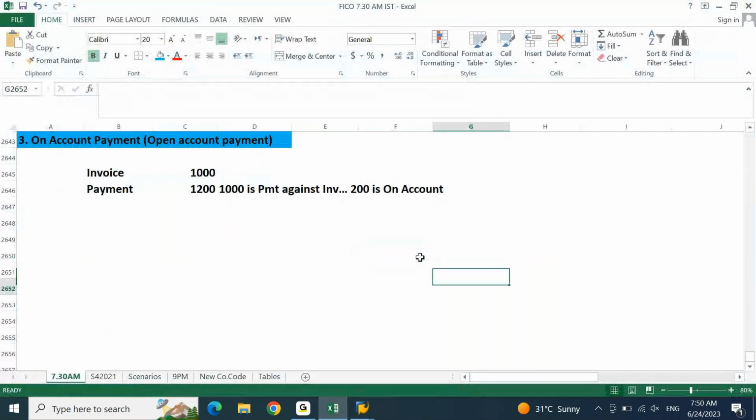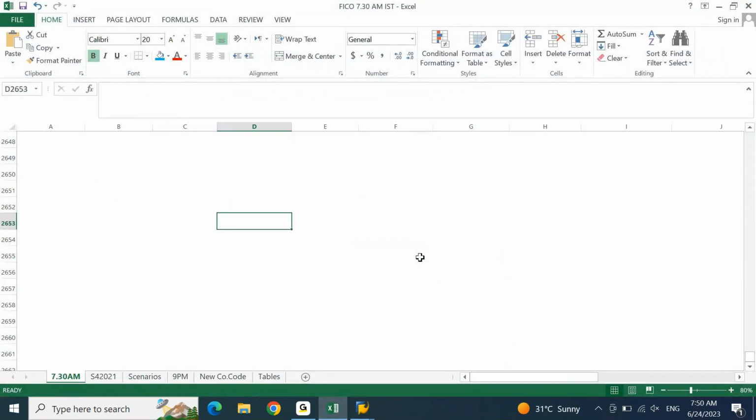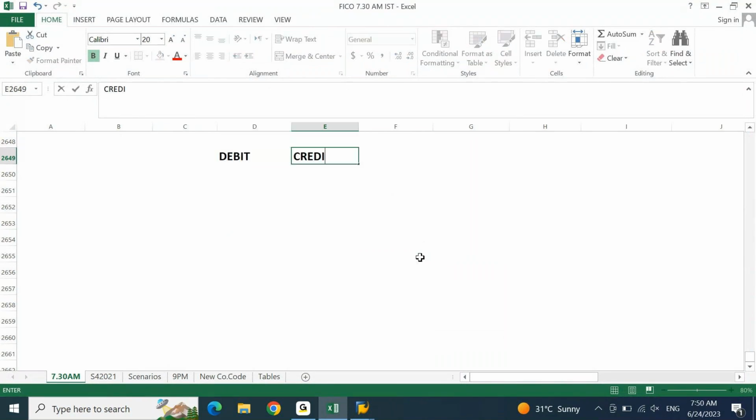I'll do a simple one. I'll put debit, I'll put credit. Currently your vendor account contains 30,000 credit balance, correct? Yes, sir. You're trying to put a debit in the vendor account or a credit in the vendor account?